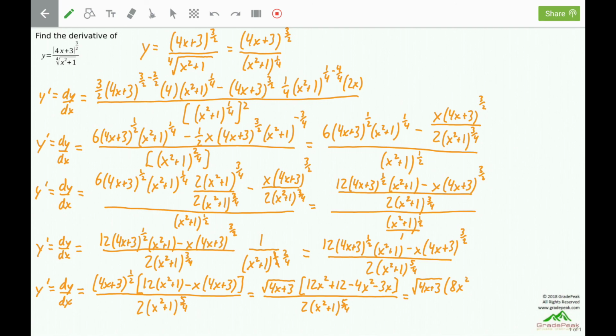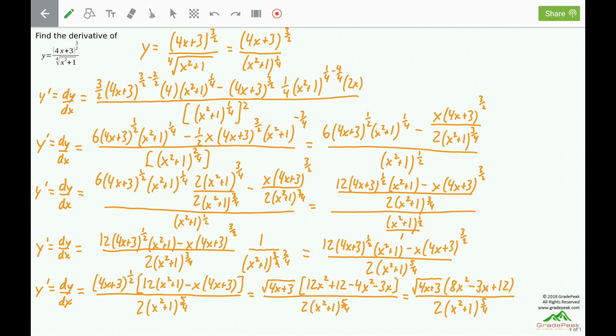We also have a minus 3x, and we have a plus 12. Those didn't have anything else to combine with, so we'll just write them in there. And this entire thing is over that denominator of 2 times x squared plus 1 raised to the 5/4 power.